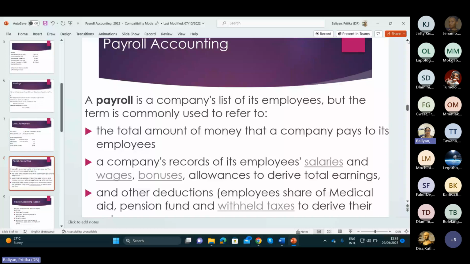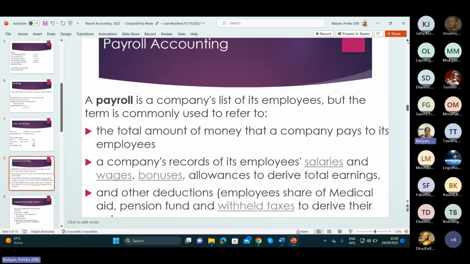A company records its employees' salaries and wages and bonuses, allowances to derive total earnings. So the company uses those payroll sheets to keep the record of employee salary, wages payment, bonus, allowance, in terms of calculating the total earnings and also some deductions if the employees are contributing to a pension scheme, medical aid, or if their income is taxable.